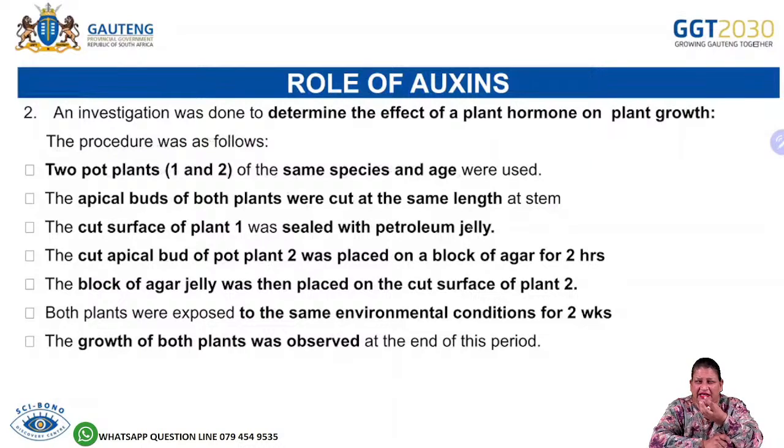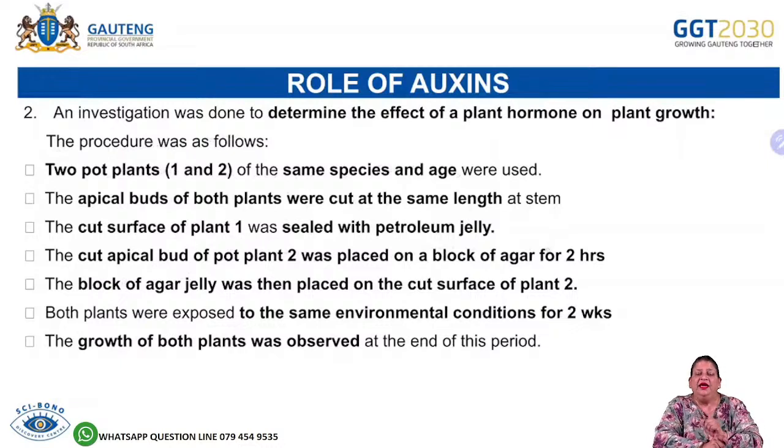It's like fat, okay? Nothing can go through. It's like oily, so it won't go through. So there, no water or anything can go into the cut tip. So therefore the auxins were removed and nothing from the air can go through into the cut part of the stem. The cut apical bud of pot plant 2 was placed on a block of agar for 2 hours.